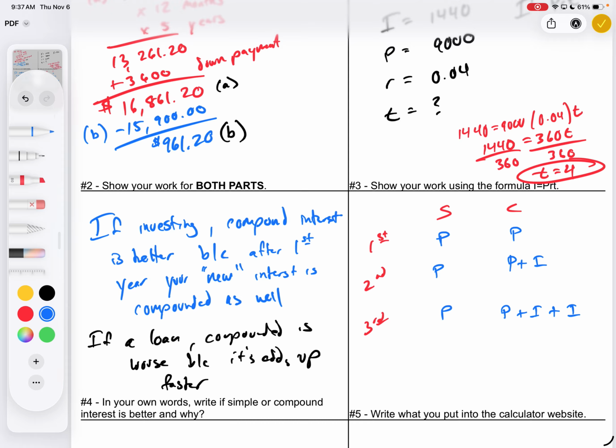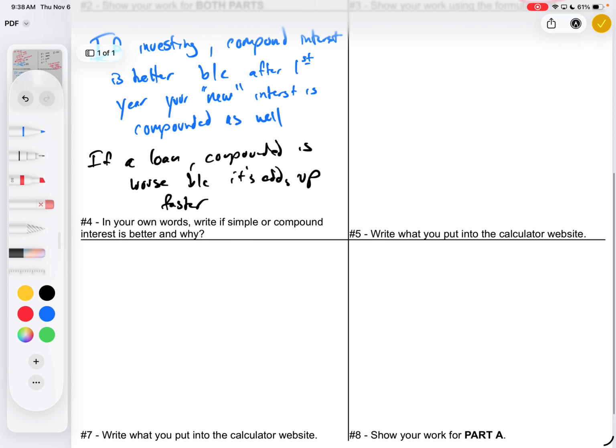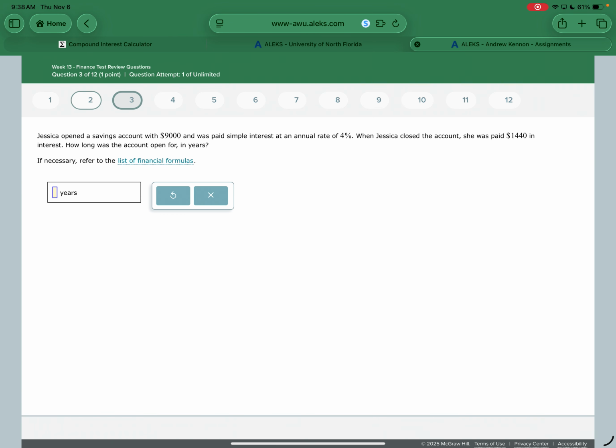You keep adding interest from every year. Whatever makes sense in your brain, you can't really get that wrong because it's in your own words. But the idea is that compounding means you're compounding your principal plus your interest. Probably the quick way to say it. All right, let's go do that problem real quick.